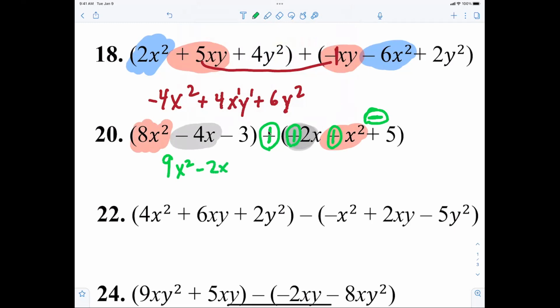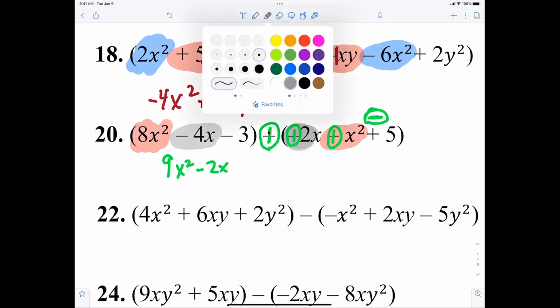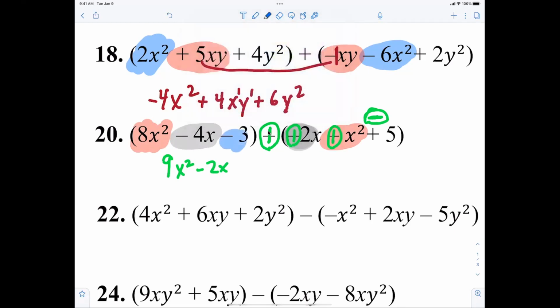Now, come on. -3 minus 5. -3 minus 5 is what? -8. Monomial, binomial, trinomial, polynomial. What is that? Trinomial, what's the degree? 2. Good. Thank you for listening.